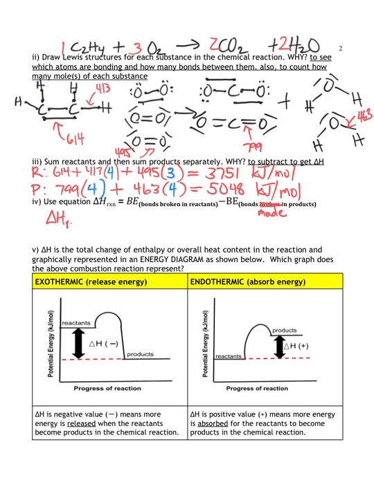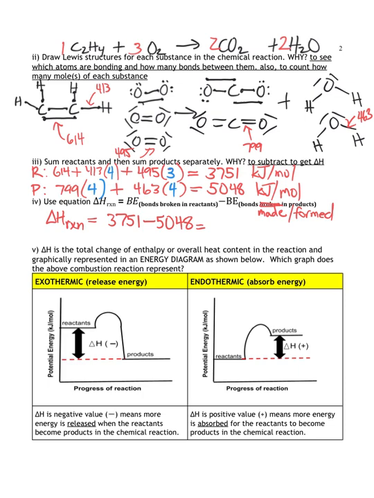Okay, so let's go ahead and put our values together. Enthalpy of a reaction is the bonds broken in the reactants, which was 3,751, minus the bonds made in the reaction. Well, formed and made is the same thing, so I'm going to put the word formed also. Now, as a result of subtracting those two values, I should get a negative value because the average bond energy of the products is greater than the average bond energy of the reactants.